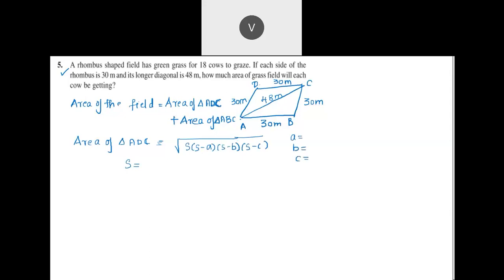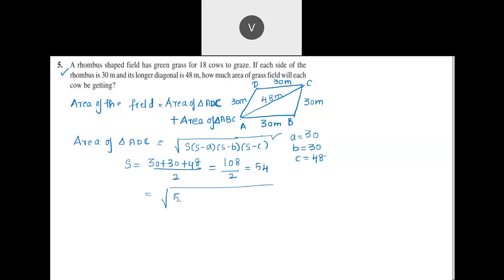A is 30, B is also 30, and C is 48. So S is equal to 30 plus 30 plus 48 by 2, which is equal to 108 by 2, which is 54. This is the S value. So substitute S, A, B, C values in this formula and find out the area.